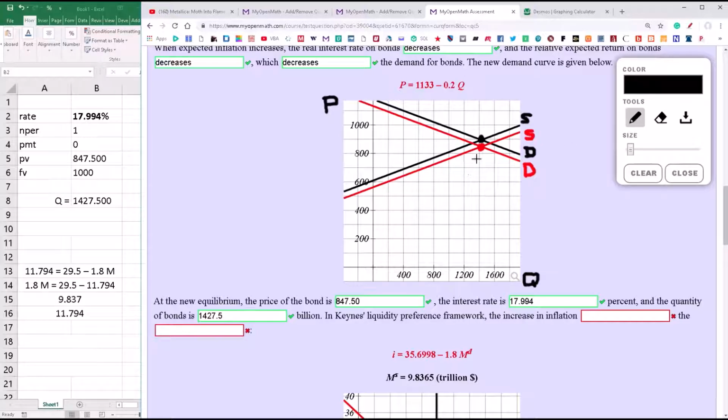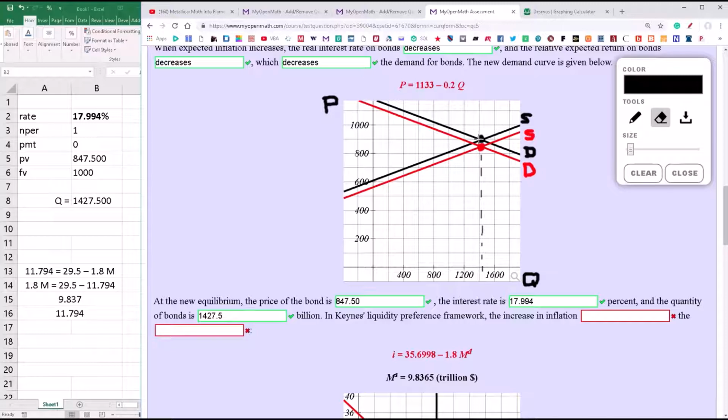And then the quantities are both identical at 1,427, right? Correct?